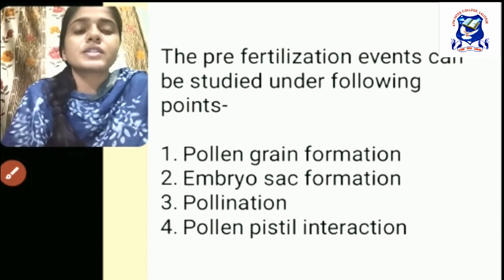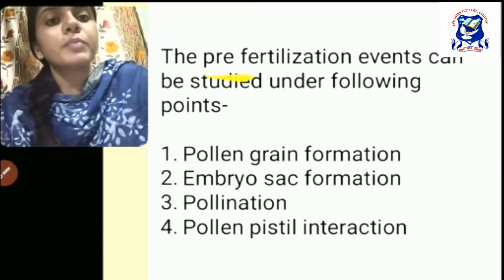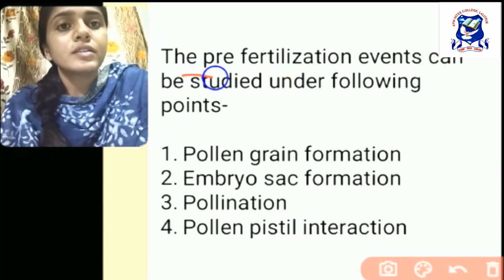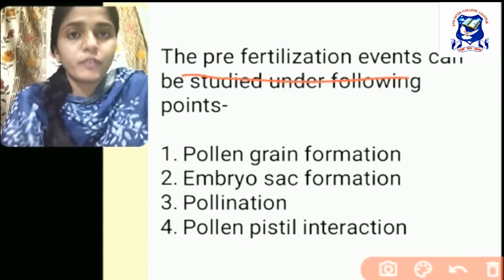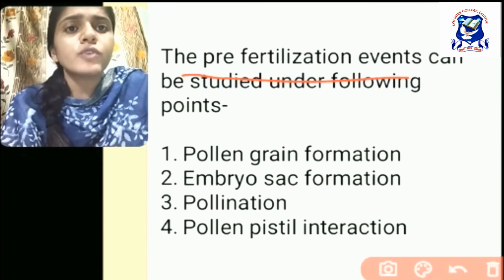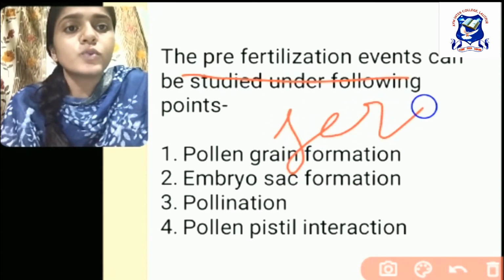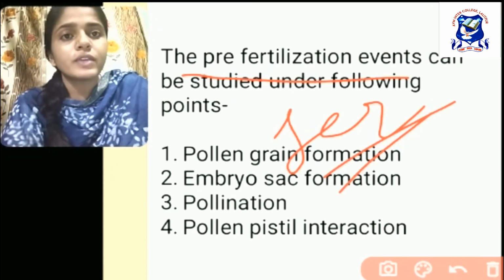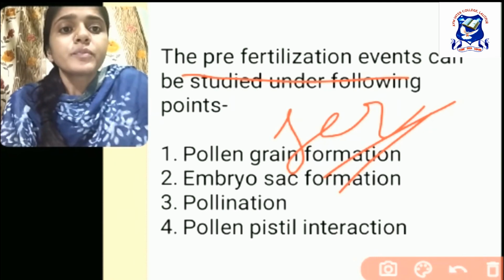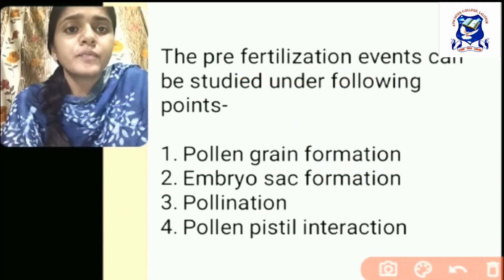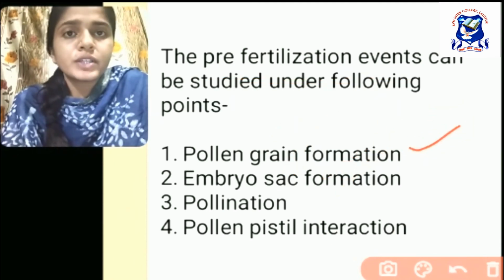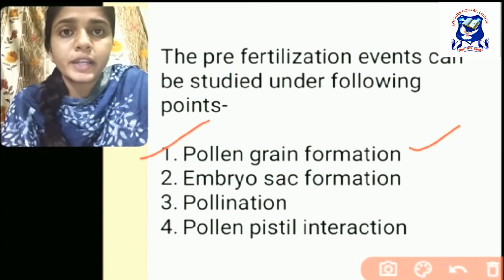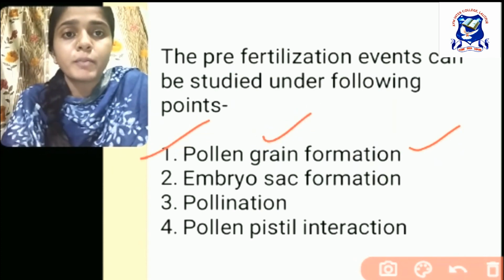During the pre-fertilization changes, the flower or the plant is preparing for the fusion of male and female gametes. What are the processes that involve pre-fertilization changes? These involve pollen grain formation, that is formation of pollen grains which are the male reproductive parts.